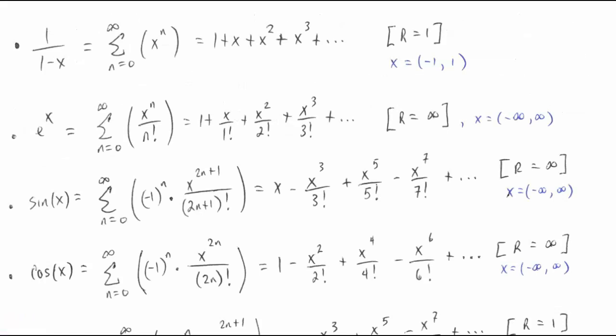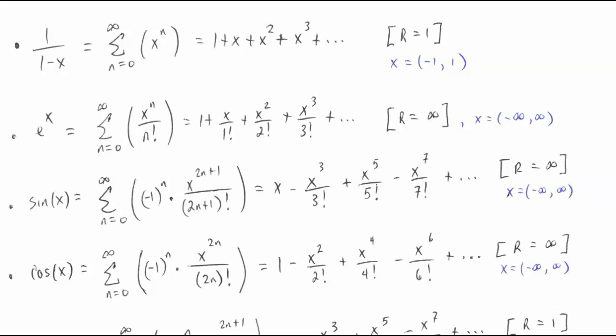So our first function is 1 divided by 1 minus x. And of course, we could represent that as just the sum of x raised to the n, n equals 0 to infinity. And of course, this is like our quintessential geometric series where our common ratio here is just x, okay?